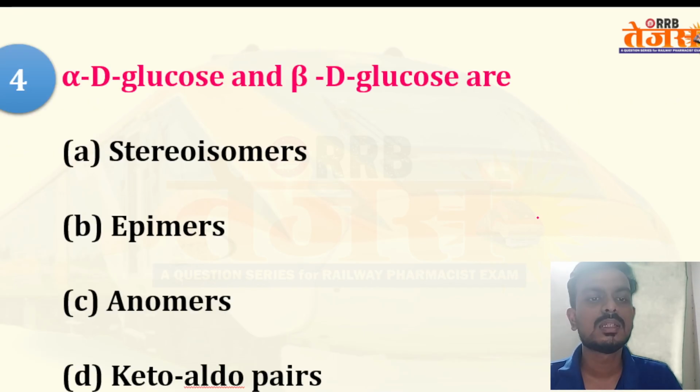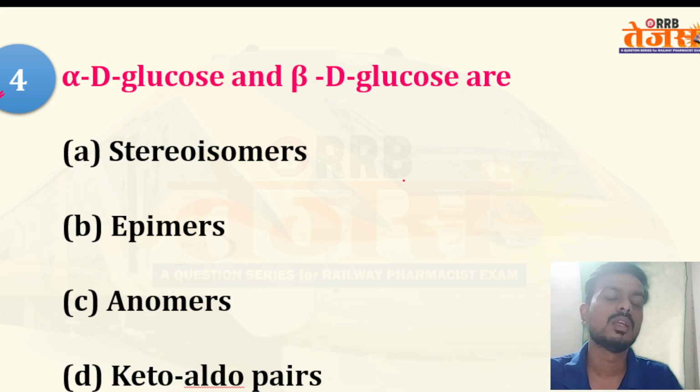The next question asks: alpha D glucose and beta D glucose are what? This question is very, very important from the exam point of view. The options are stereoisomer, epimer, anomer, or keto-aldo pair. The right answer is option C, anomers.